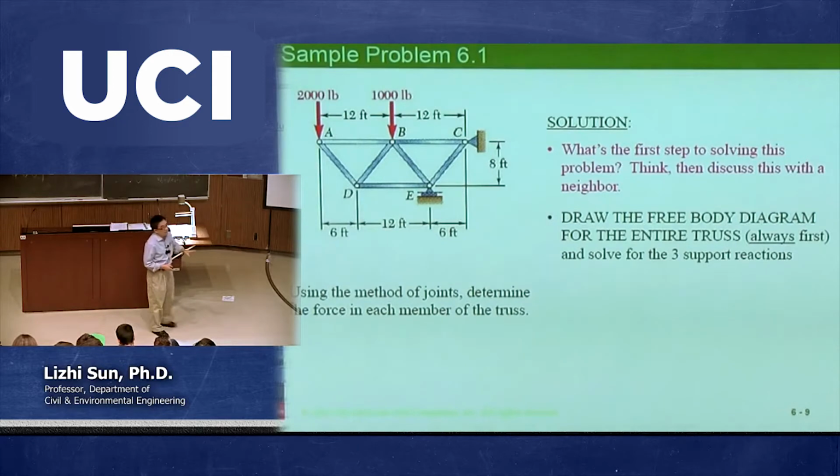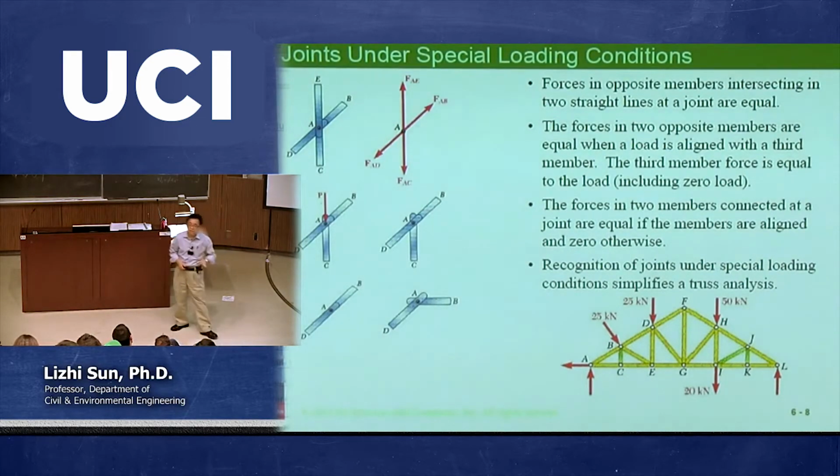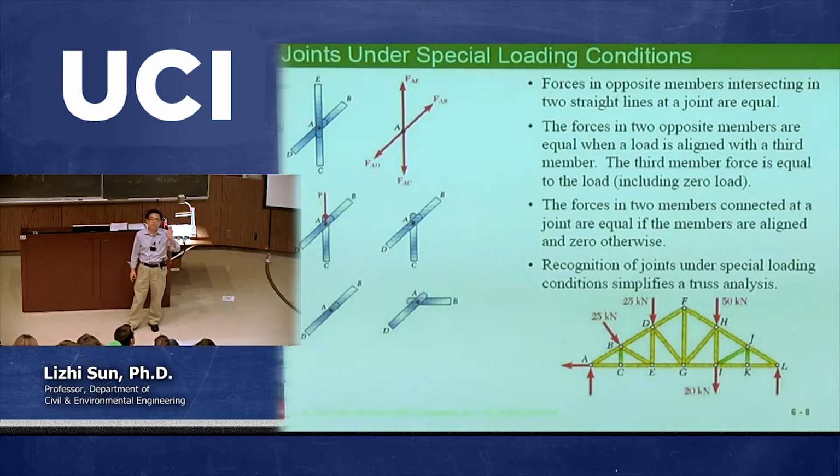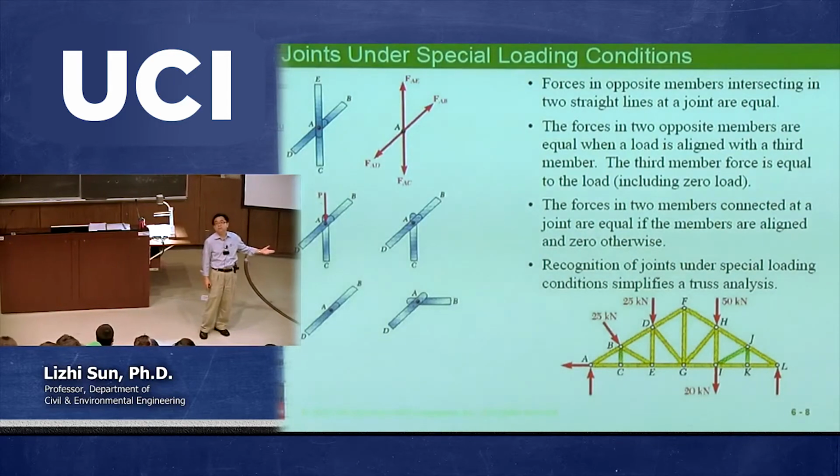Before I move to the second method, which is called the method of sections, I would like to mention something particularly useful for structural engineering design. That's this slide, which talks about some special cases. Instead of doing the calculations, you can easily identify some members having 0 forces. If you can identify some members having 0 forces, it's going to make it much easier to calculate all other member forces for a given truss structure.